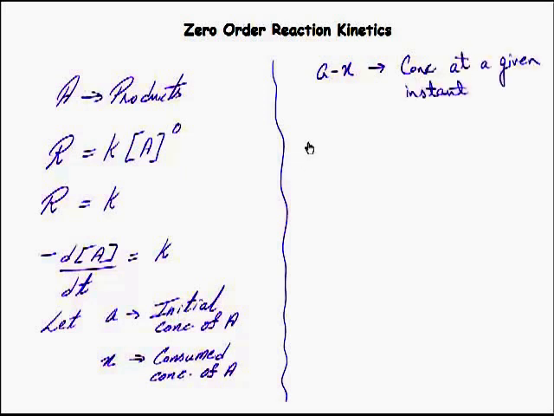So we can modify the rate law expression as minus d(a minus x) by dt equal to K, where K is the rate constant of the reaction.